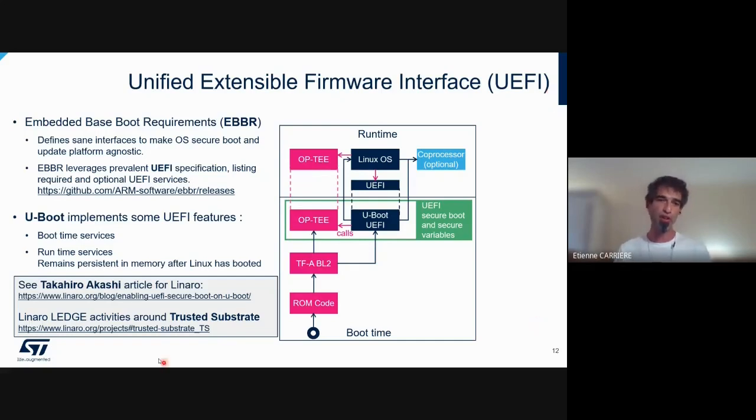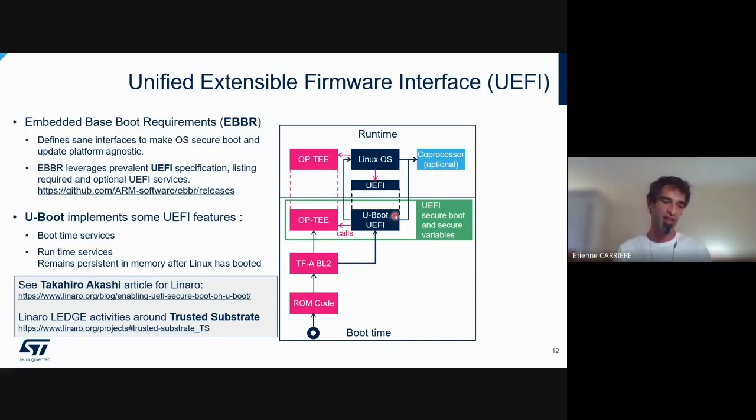And so in this setup, we basically have the same boot chain as before, but U-Boot this time also embeds a UEFI implementation for some boot time services, sorry, implemented in U-Boot and used at boot time.